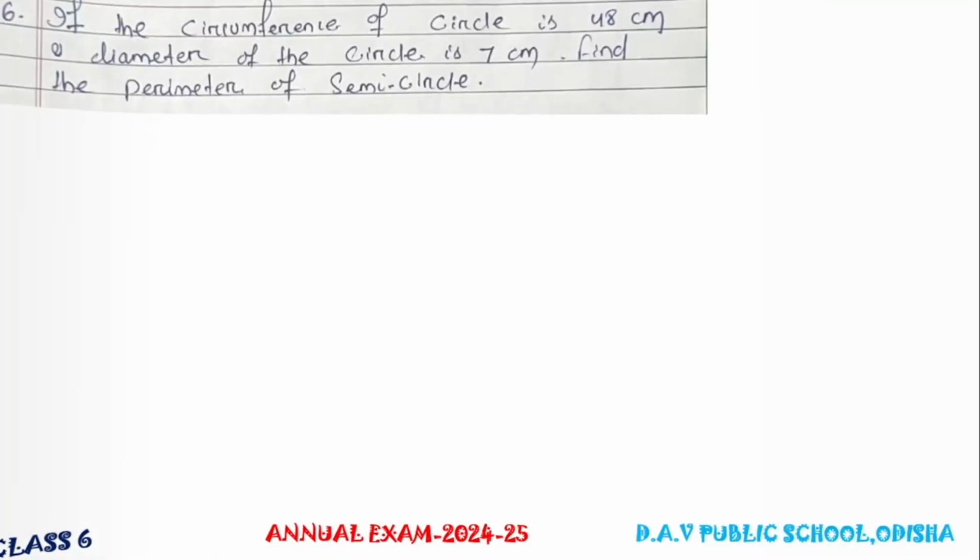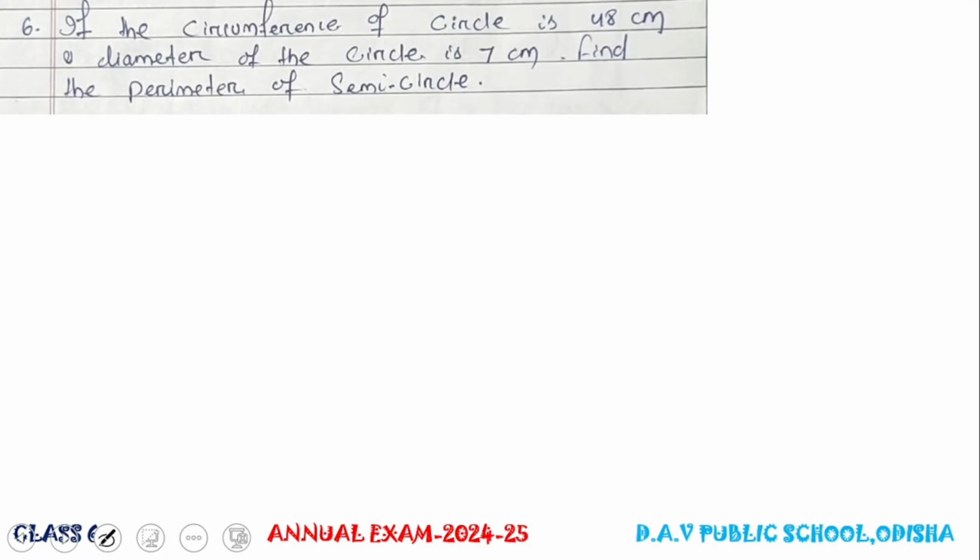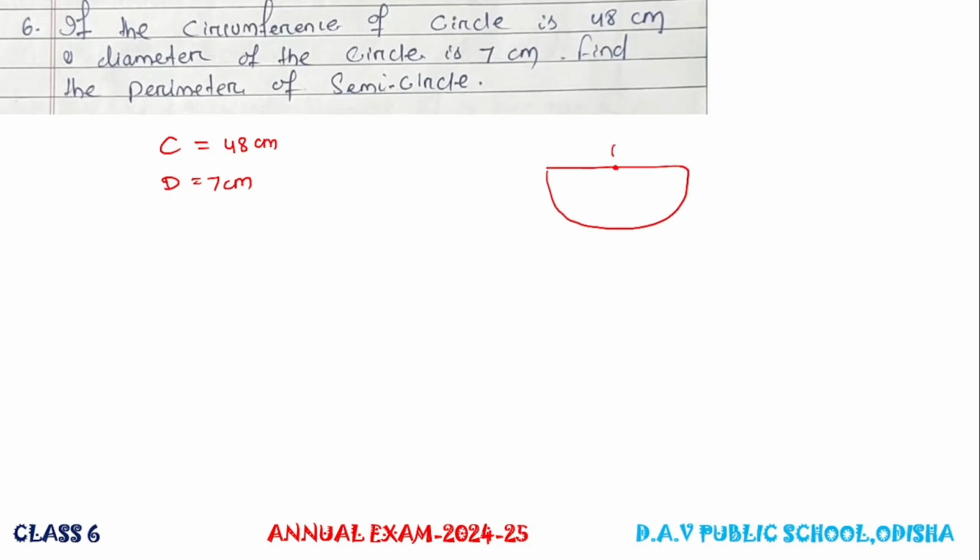Next question. The circumference of the circle is given, that is 48 centimeter. Diameter is given, that is 7 centimeter. Find the perimeter of the semicircle. So this is circle, semicircle. This is center.